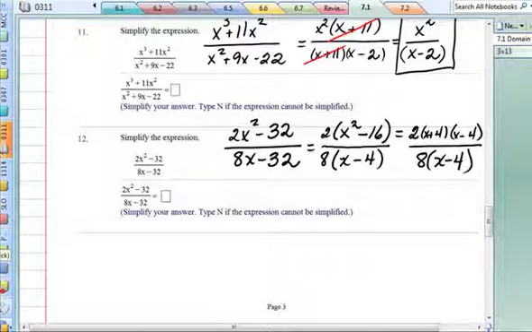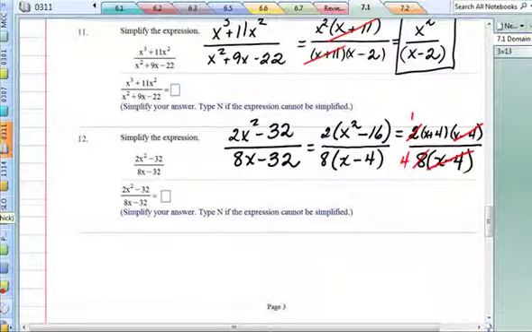What do you see? Okay, x minus 4 is a common binomial factor. Okay, what about with the 2 and the 8? Those are monomial factors. They are common factors out in front. You can reduce those. 2 goes into itself once, and 2 goes into 8 4 times.